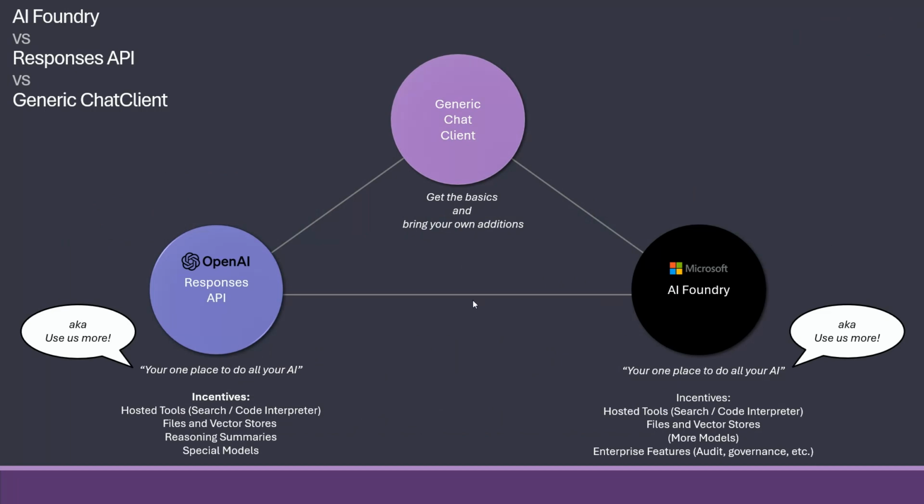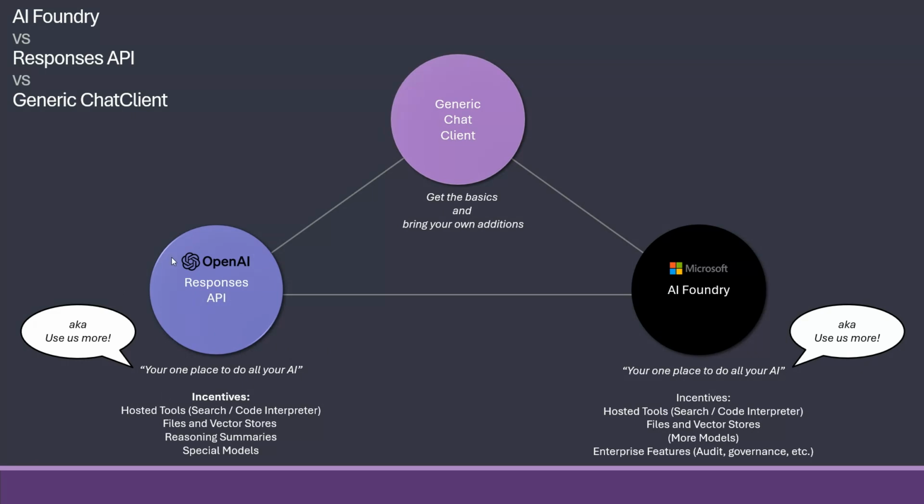Because you have the option to go the generic route, have a generic chat agent. It will give you all the basics, and then you bring your own additions like vector stores and stuff like that. If you go more in AI, OpenAI, you go with their Responses API, and there are separate videos on that.